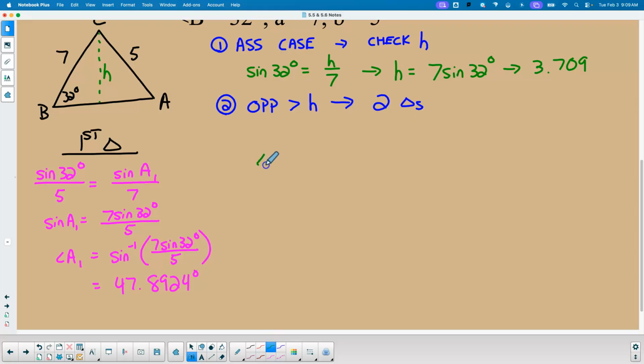Which then means that angle C sub 1 is going to be 180 degrees minus 32 degrees minus 47.8924 degrees, which means that angle C sub 1 is going to be 100.10759 degrees.